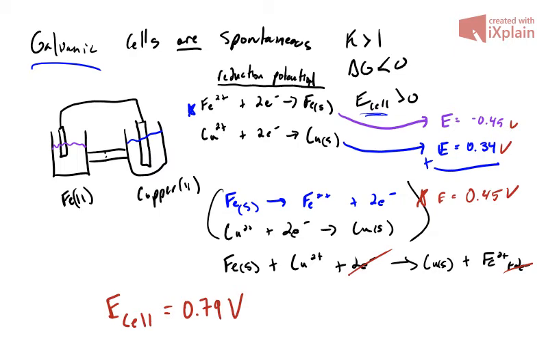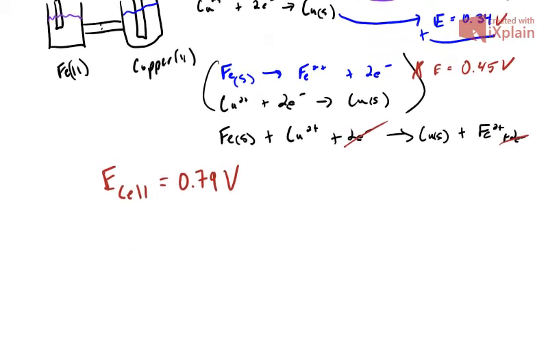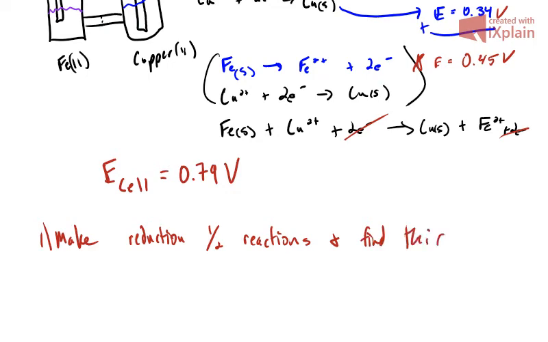Okay, so I'm going to write out the steps you need to know about finding cell potential here. So, make reduction half reactions and find their potential.